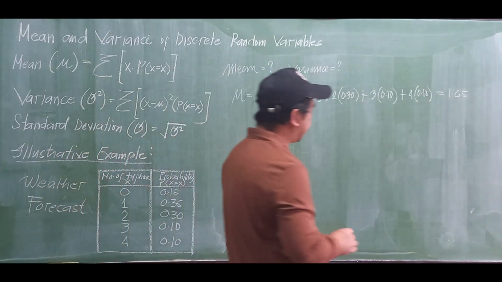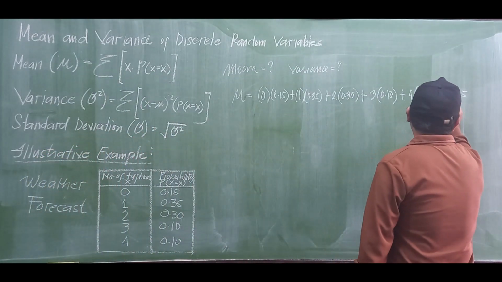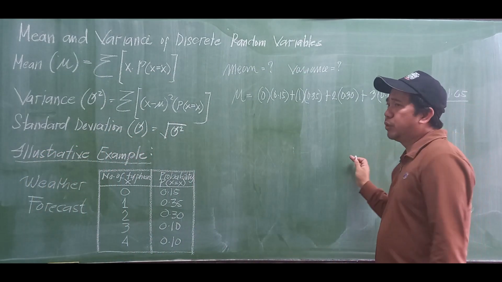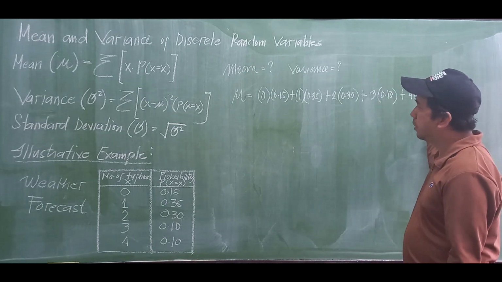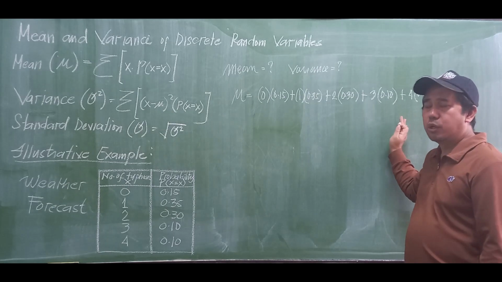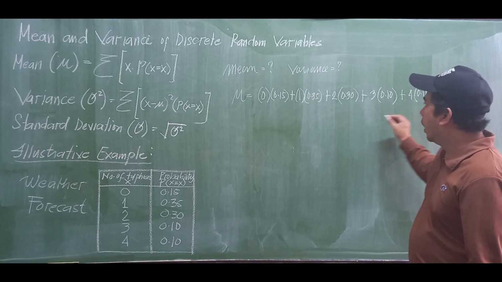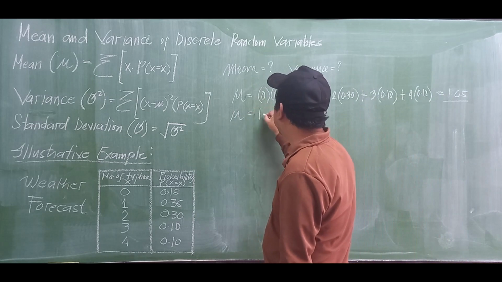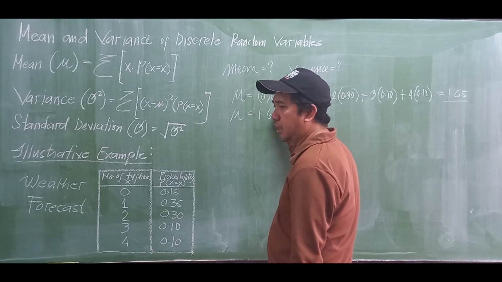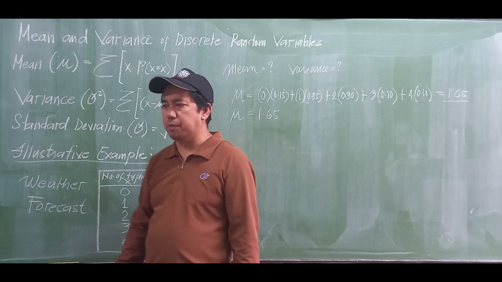Meaning to say, we do not just compute and present the number. We have to interpret what is the meaning of the mean, which is 1.65. What is the meaning?